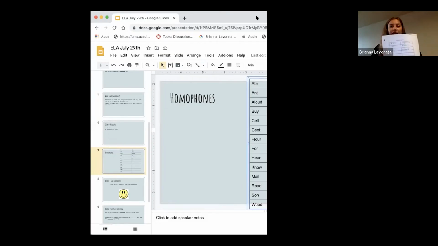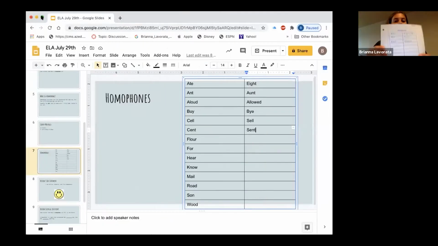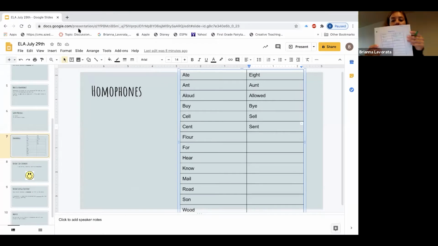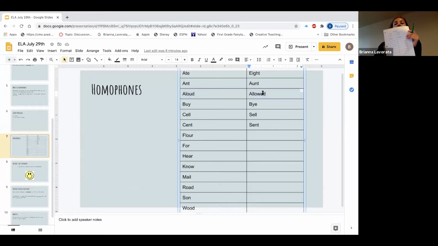Okay, so the word allowed, just like this. Allowed is like my mom allowed me to play with my toys after dinner. Okay, so we have, I read the story aloud, A-L-O-U-D, and my mom allowed me to play with my toys after dinner.